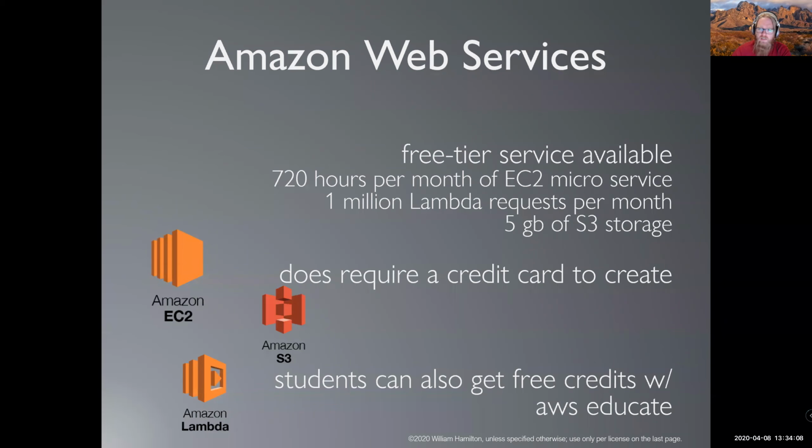To use the generic free service, you do have to associate a credit card with it in case you go over what's freely available. However, as a student, you can also apply for what's called AWS Educate, which allows you to get free computing credits, I think about $100 worth supposedly, to use for these services.